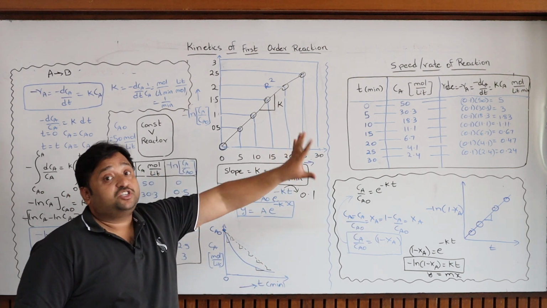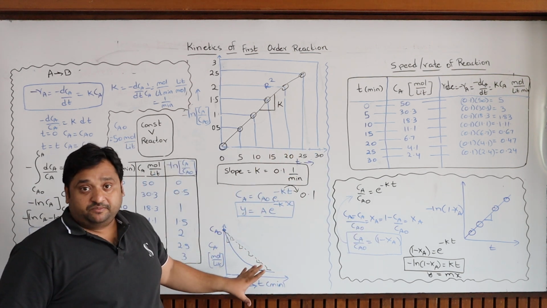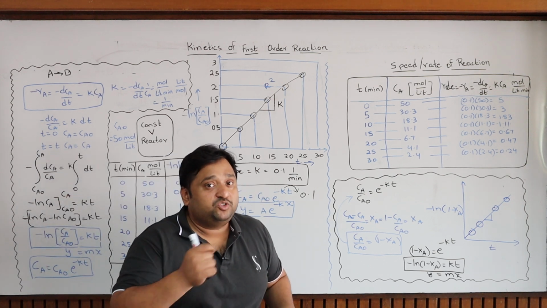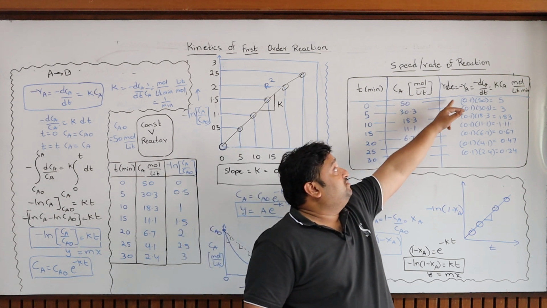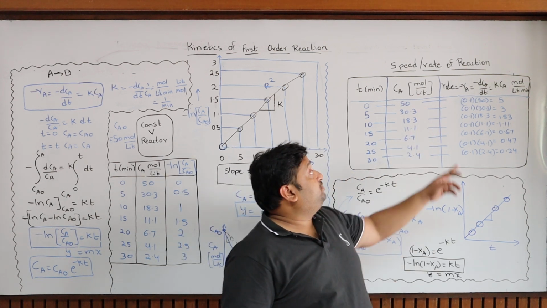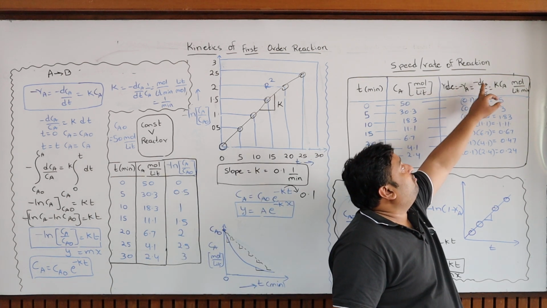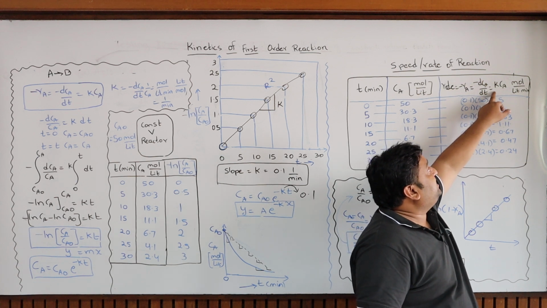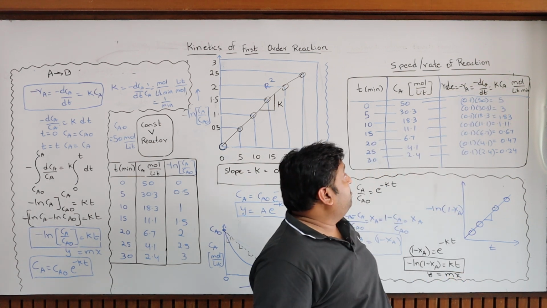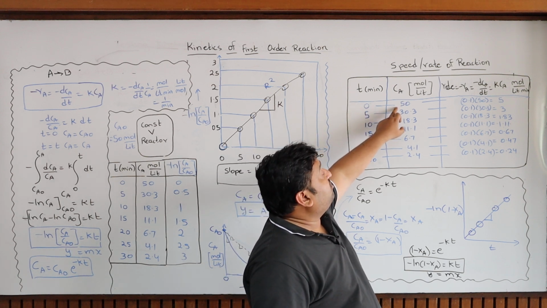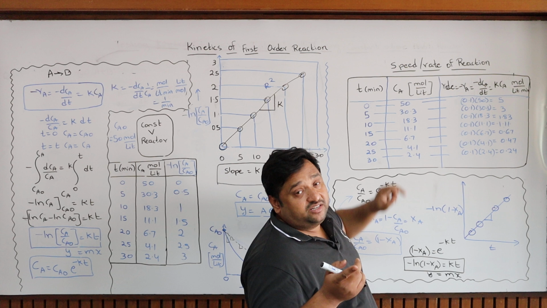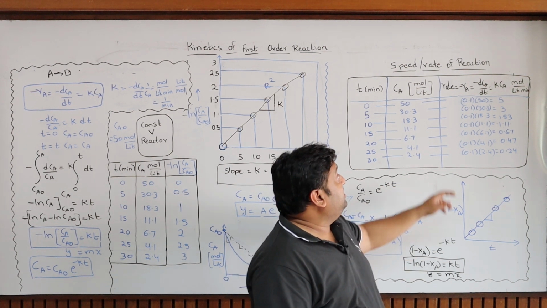So let us measure the speeds. Now you know the equation, let us measure the speeds, and you will understand. I know the time data and concentration data. Let us measure the speed of the reaction. Speed, that means the rate of the reaction, is equal to minus dCA by dt, which is k times Ca. At the start, at 0 time, the concentration of A is the initial concentration, which is 50 mole per liter. What is the speed?